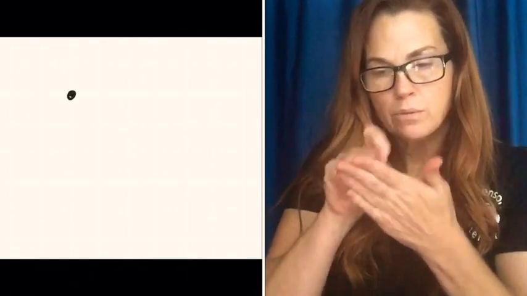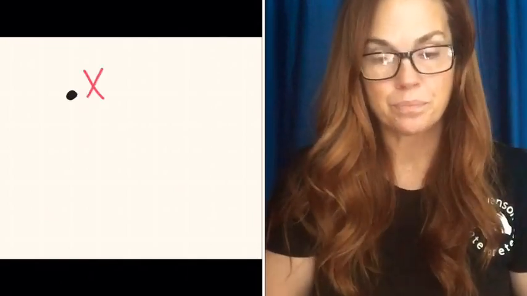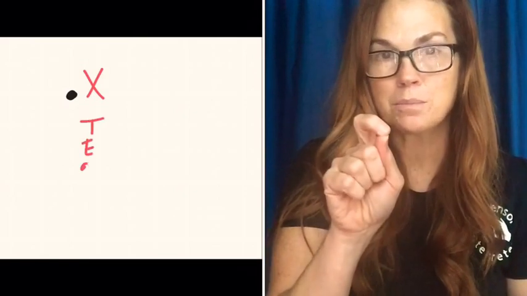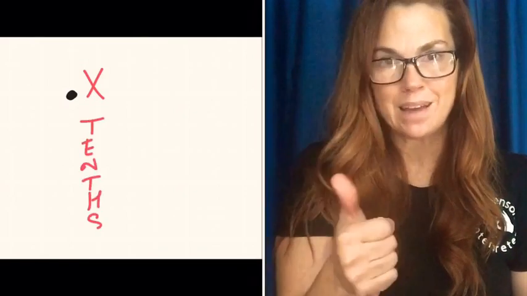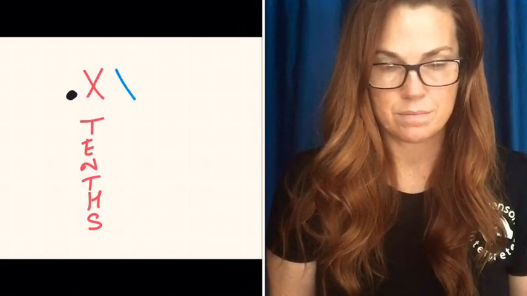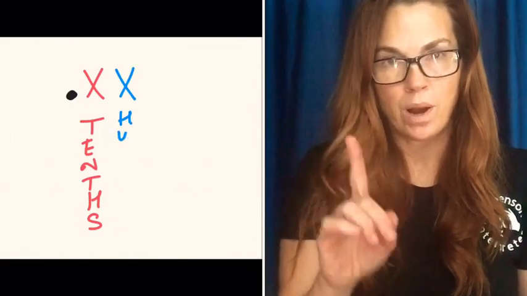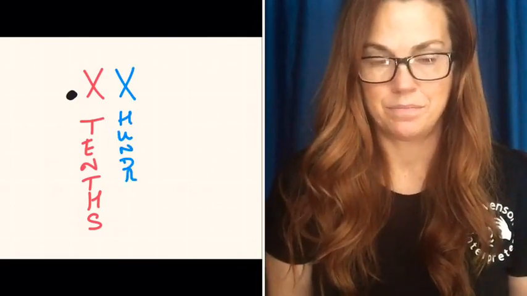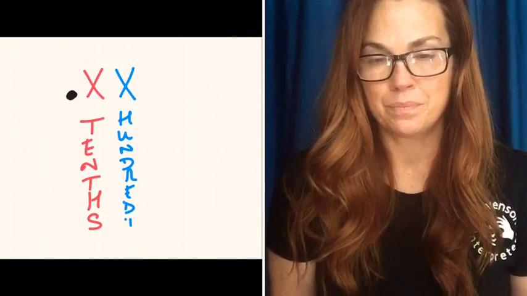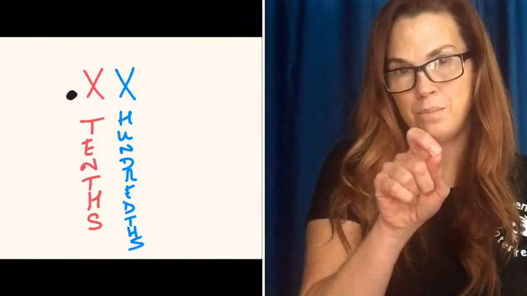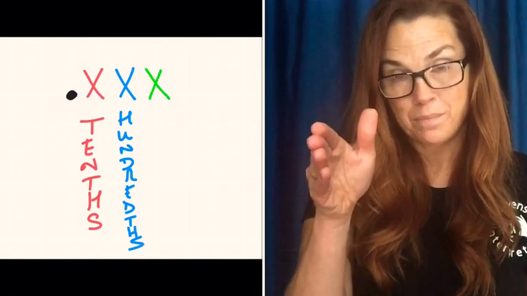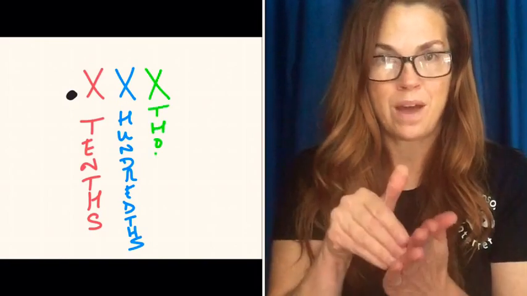So for example, if this is my decimal, then this place value would be the tenths. And this place value would be the hundredths. And this place value would be the thousandths.